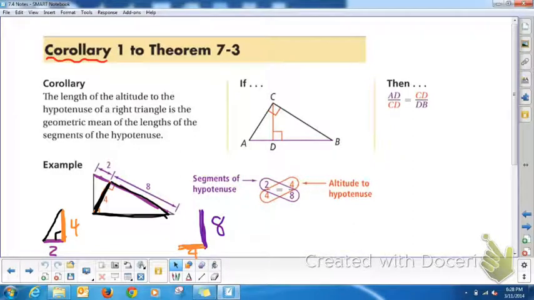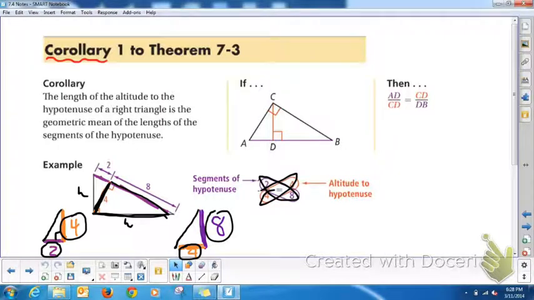And I don't know the hypotenuse, right? Because this is the hypotenuse, this is the hypotenuse. So 2 corresponds to 4. So 2 over 4 is equal to 4 over 8. When you use the cross product property, they're equal.